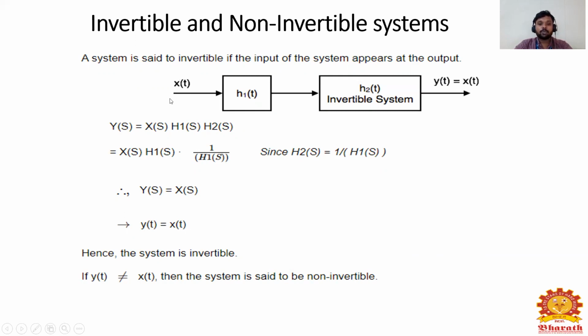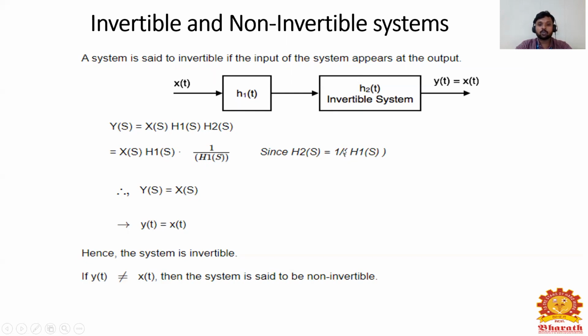If the input I'm giving is x of t, the output I'm also receiving is x of t. So if the input of the system appears at the output, then the system is said to be an invertible system. So y of s is equal to x of s into h1 of s into h2 of s.